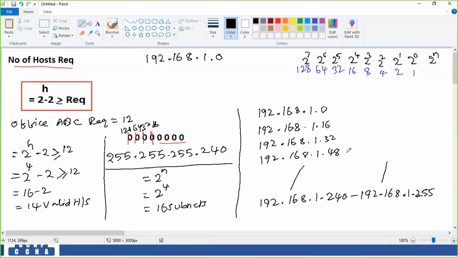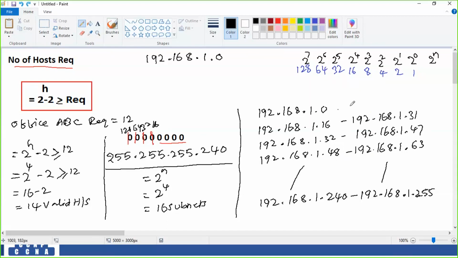So here, 192.168 plus 16 means 1.63 is before 64. Before 48 is 47. Before 32 is 31.